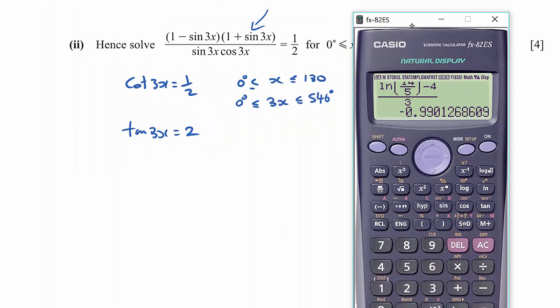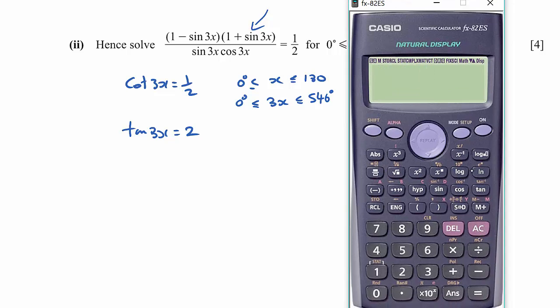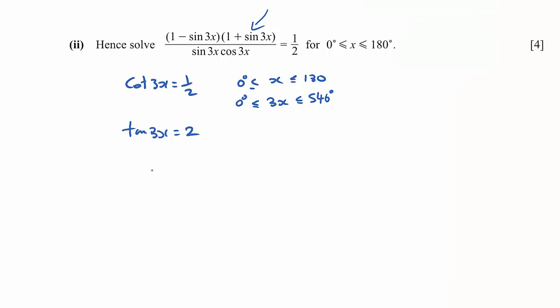And so I can get the principal value of that from my calculator, but I have to remember that I put the calculator into radian mode slightly earlier. So let's get it back into degrees and then do the inverse tan of 2. And that's 63.4 degrees.